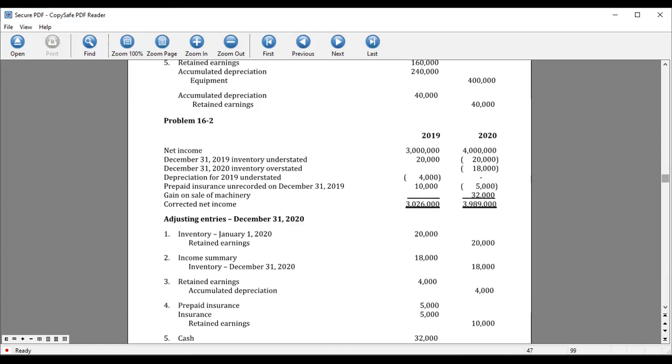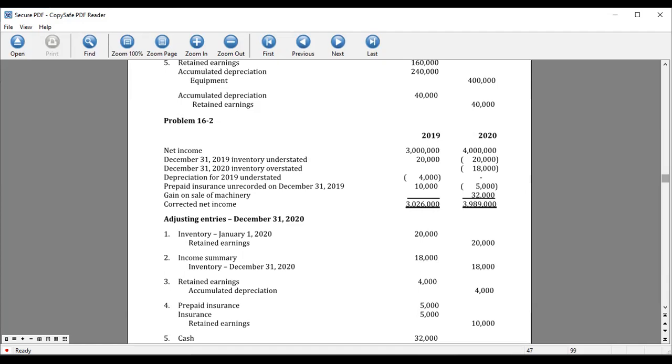Prepaid insurance unrecorded December 31, 2019. We have to add back 10,000 because if the prepaid insurance was unrecorded, all payments for insurance were debited to insurance expense. So insurance expense was overstated, and that's why net income was understated. You have to add back.